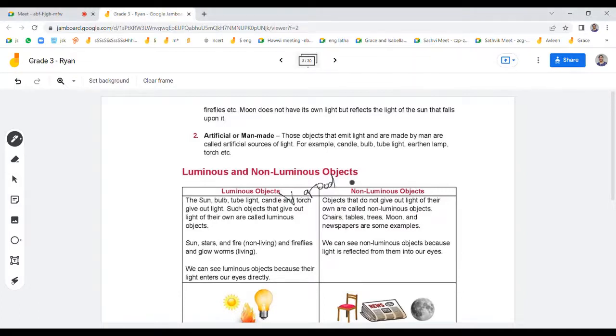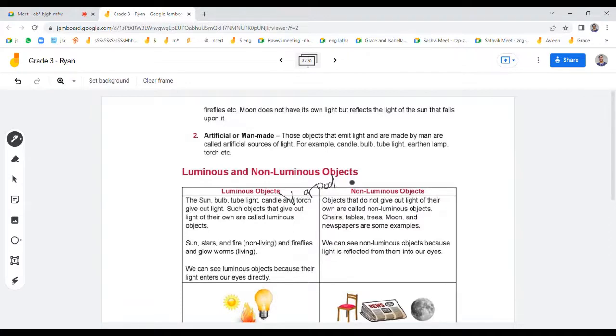So this property you call as the third property, reflection. This is how you have to remember things: when you read some sentence, relate it with the property. How can we see objects? Through reflection. This is what they have given here.